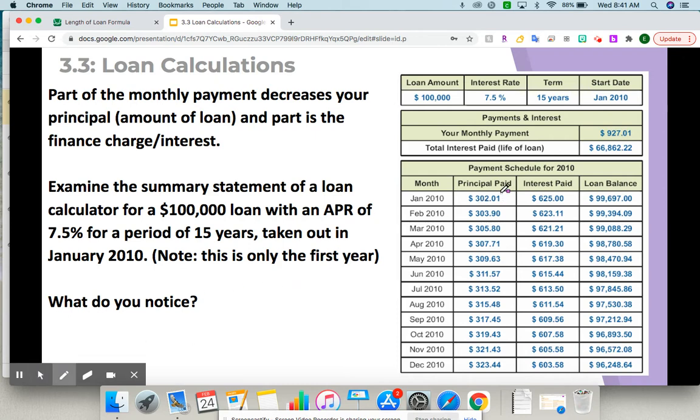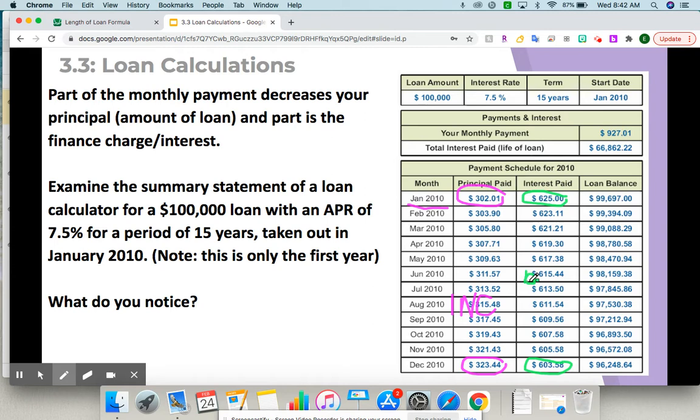So, looking at this payment schedule, we can see that in January, the amount paid towards the principal was $302. By the end of this first year, the amount that went towards the principal increased to $320. So these numbers were increasing, whereas the amount that went towards interest started at $625 and ended the year at $603.